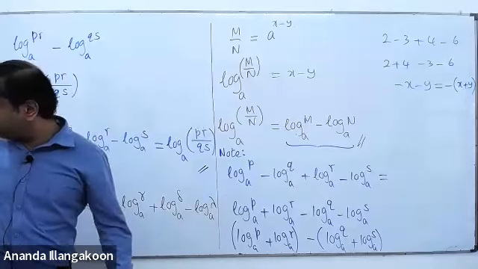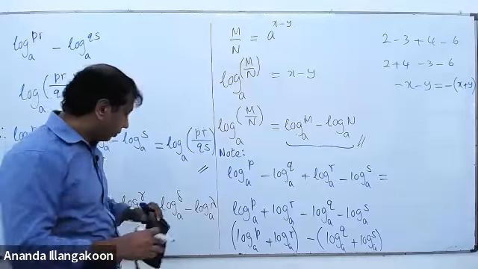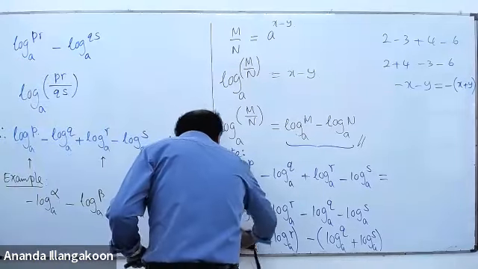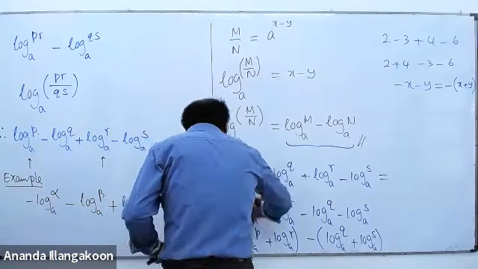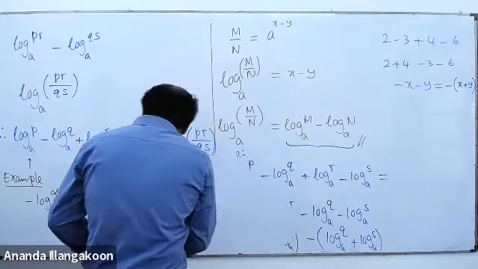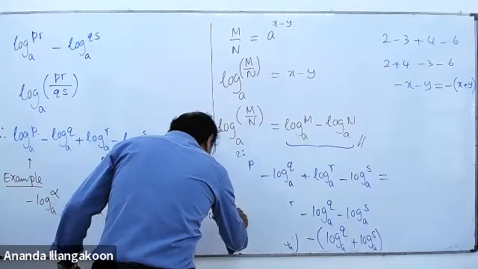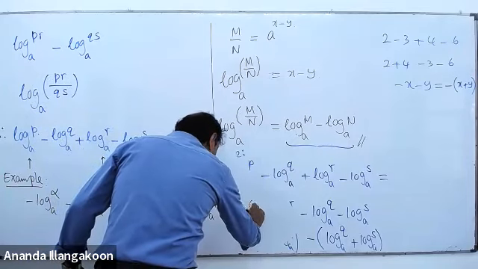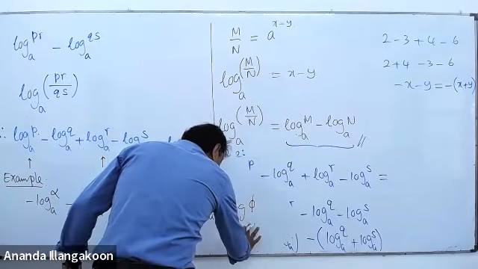You take another one more. I'll take another: log A 5, like this. These all are Greek letters.